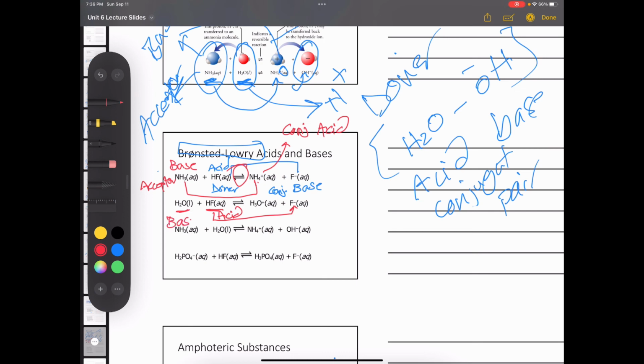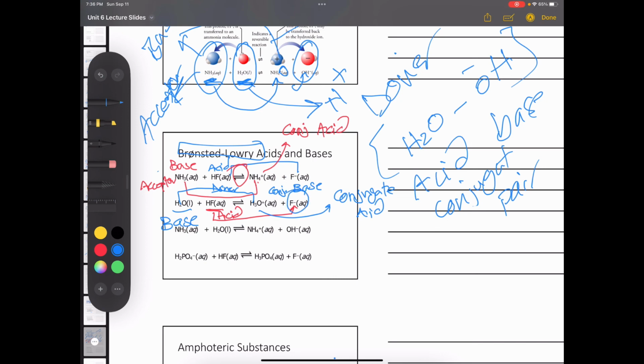The water, on the other hand, will make it the base. Oh, let's do some color coding. So this is the base. Okay, this makes the H3O the conjugate acid.